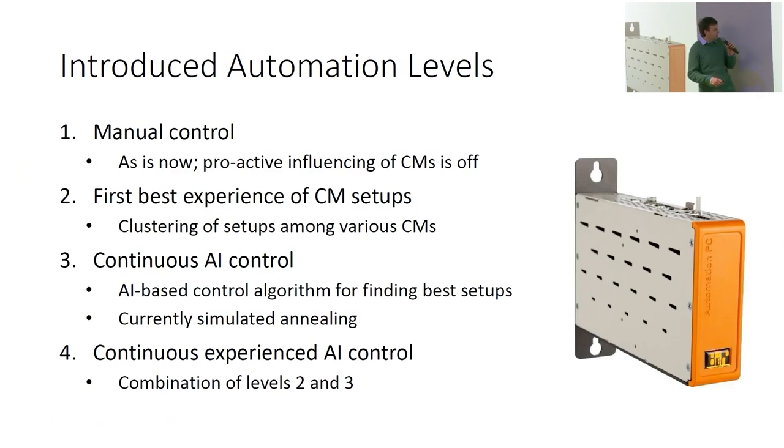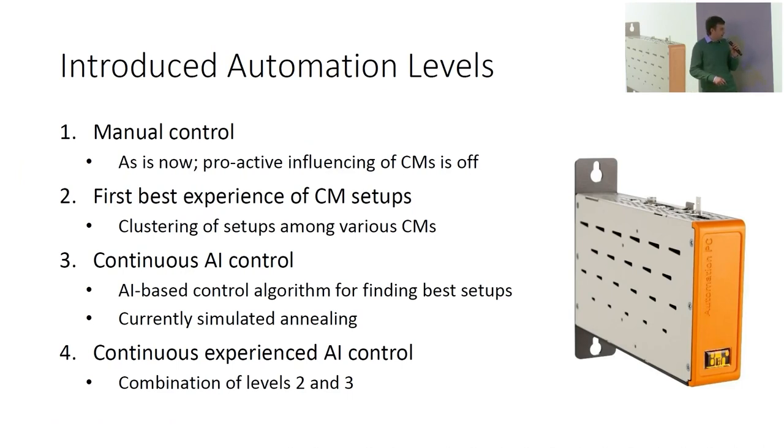Then we have the second level, which we called first best experience, and this is a kind of support of the changeover of the production, meaning that the clustering algorithm provides the best expected setup for each counting machine, each type of bricks, each number of elements that is calculated on the counting machine.